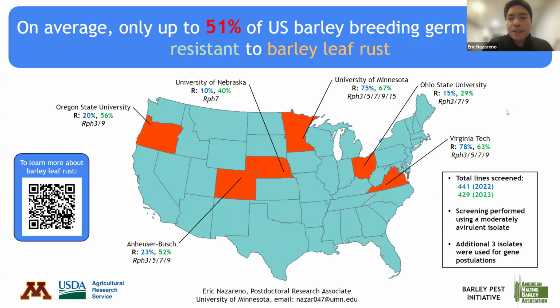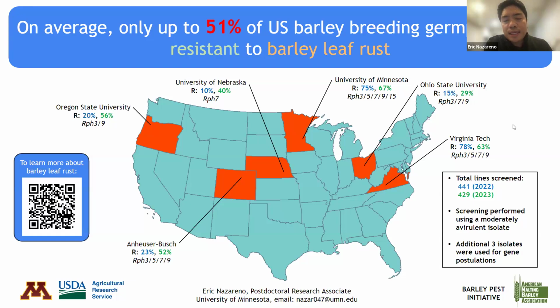Per year it's color coded: blue for 2022 and green for 2023. Those are the percentages of resistant lines per breeding program. I also included the postulated genes that were identified in the breeding germplasm.